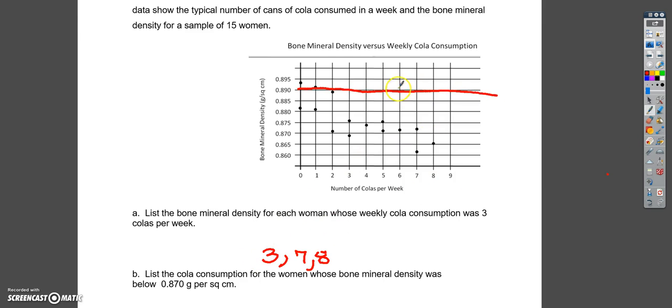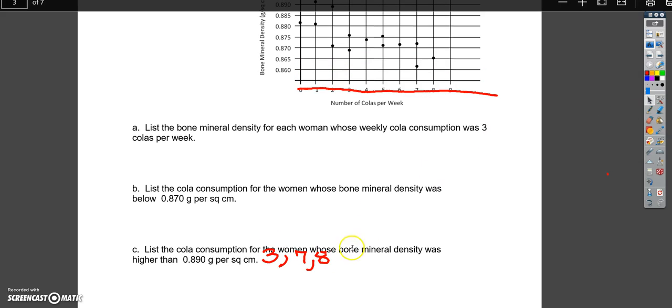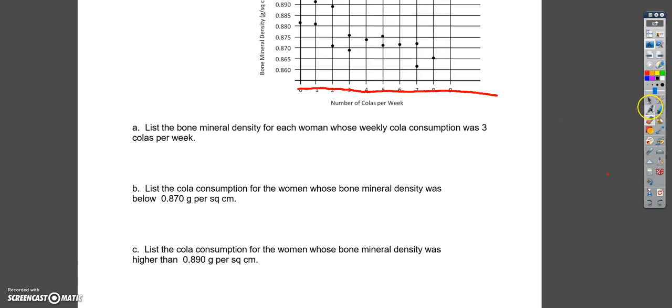And I think it said above, so that would be somebody who had no colas and somebody that had 1 cola. So I'm going to go make sure that it said above. Was higher than, yeah. So somebody that had 0 colas and somebody that had 1 cola. Well, this is really what it's asking us. So 0 colas and 1 cola.